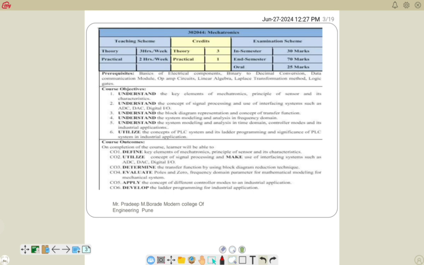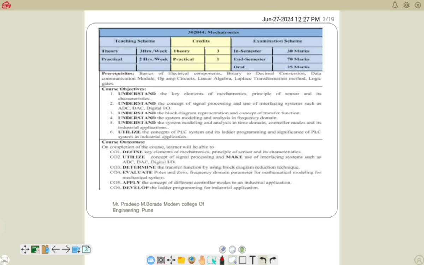For theory, there is an in-semester exam for 30 marks, an end semester exam for 70 marks, then practical and oral for 25 marks.